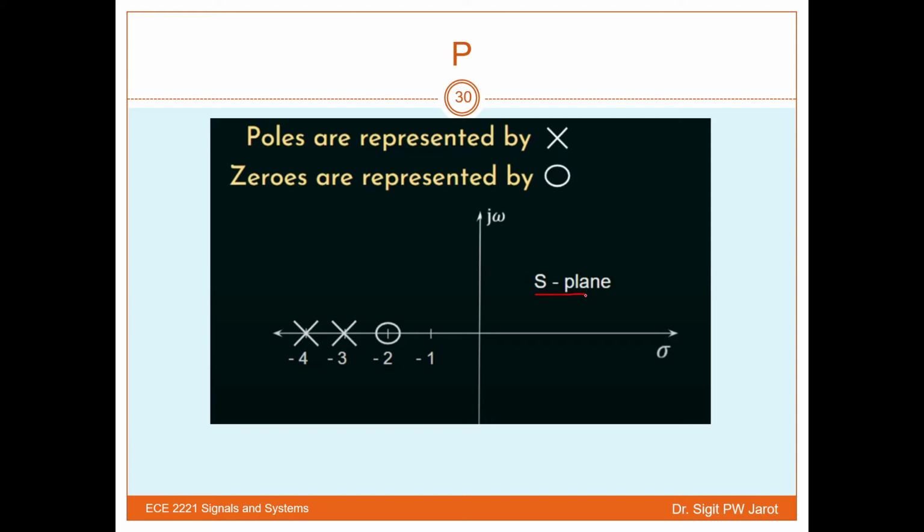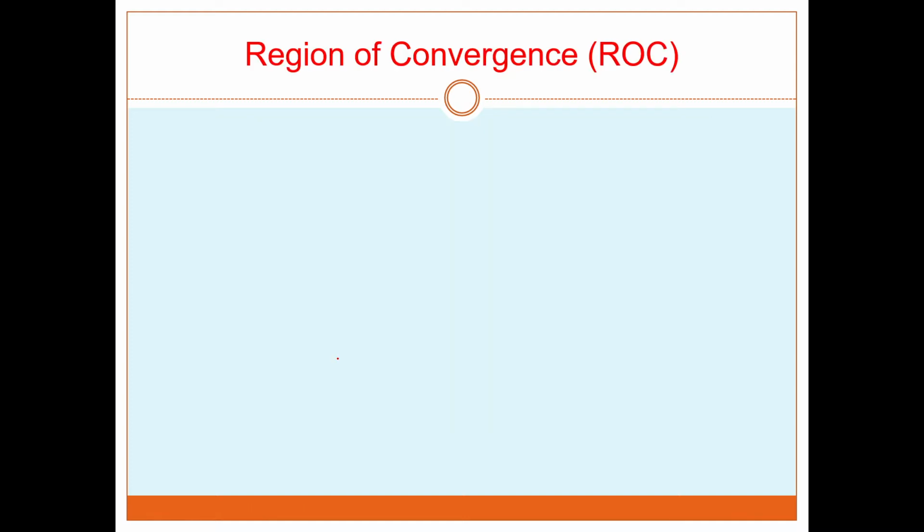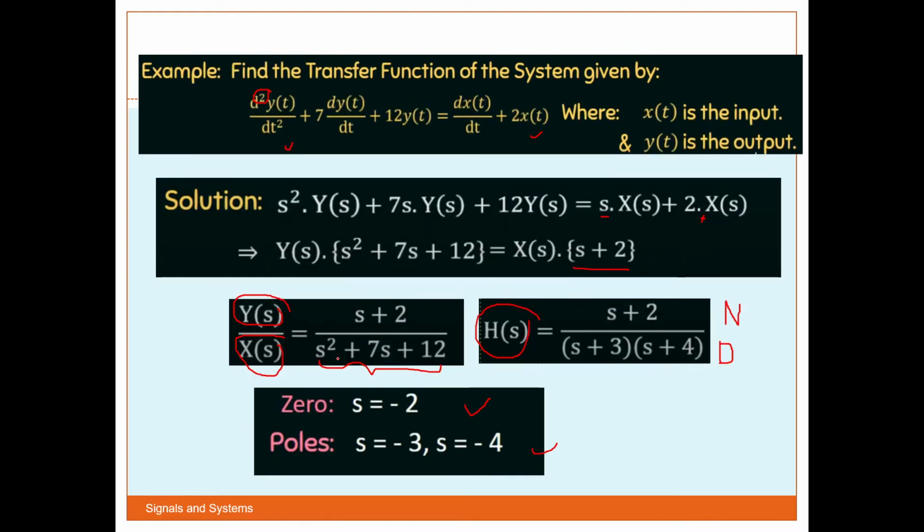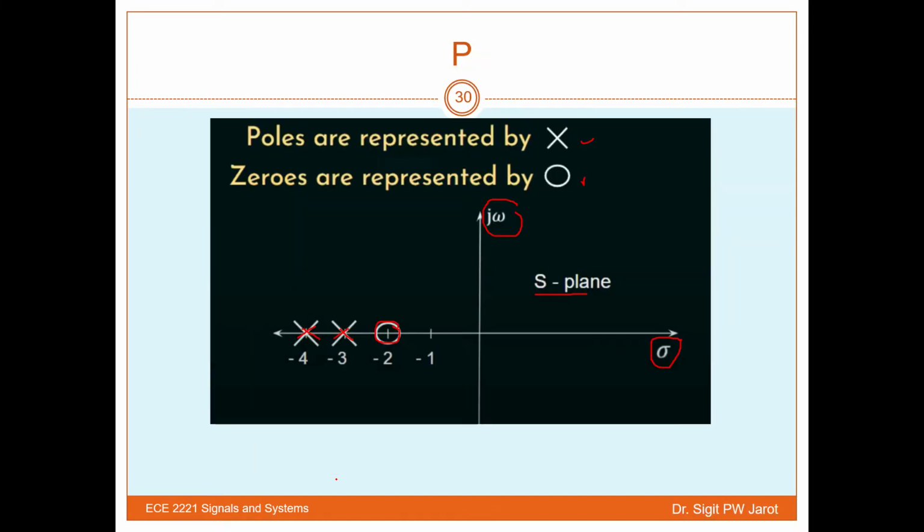The s-plane means this is the real axis and this is the imaginary axis. We know that poles are represented by x and zeros by circles. So the zero is at minus 2, and the poles are at minus 3 and minus 4, so we just plot them here. Now you have already found the poles, zeros, and also the plot in the s-plane.